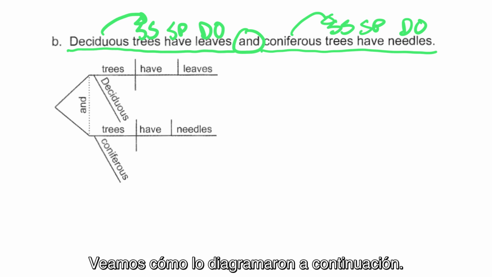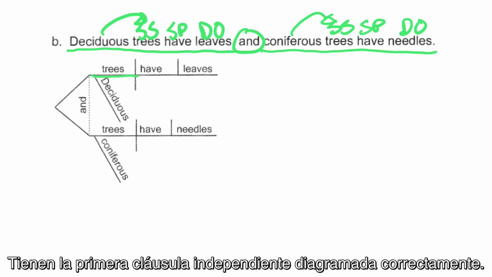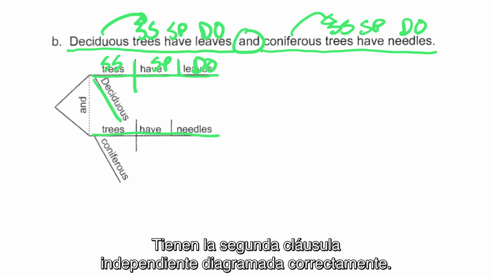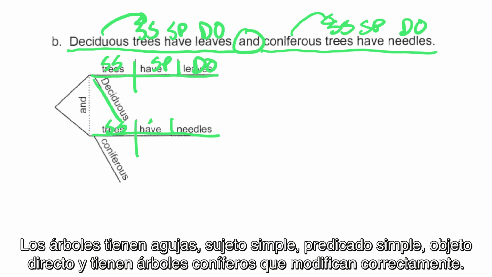Let's see how they diagrammed it below. They have the first independent clause diagrammed correctly. They have the simple subject, simple predicate, direct object, and the modifier. They have the second independent clause diagrammed correctly. Trees have needles: simple subject, simple predicate, direct object, and they have coniferous correctly modifying trees.